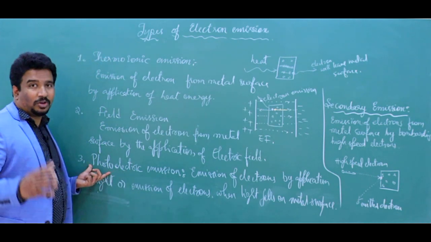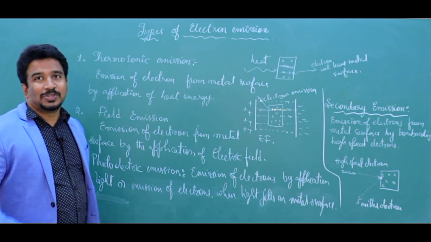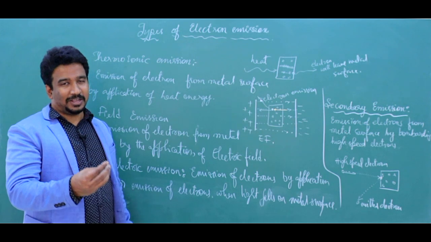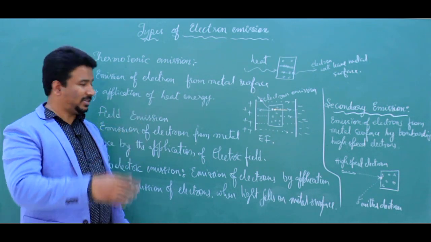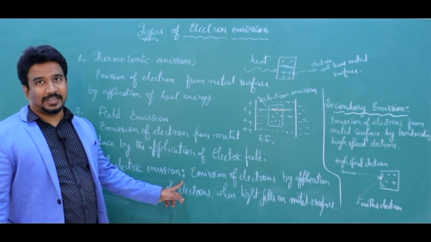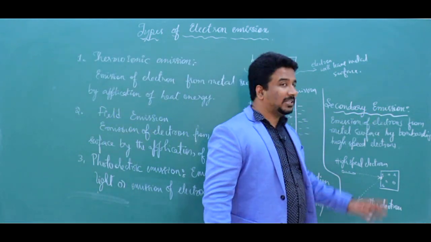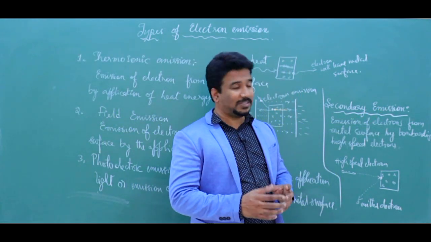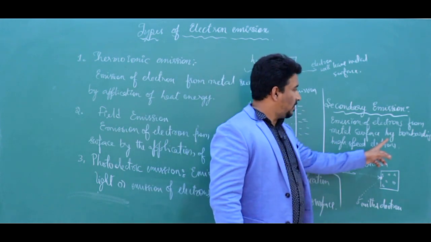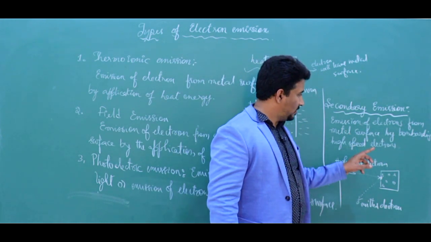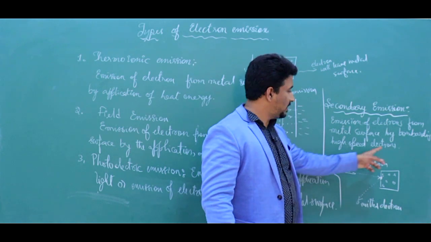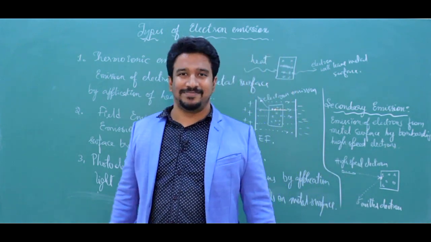Photo means light. Whenever light falls on a metallic surface, if the electron is emitted, that is because of photoelectric emission. Last one is secondary emission. Emission of electrons from the metal surface takes place because we bombard the surface with high speed electrons. Thank you.